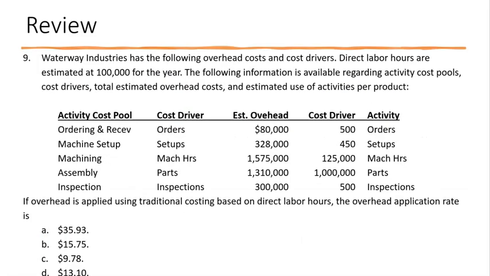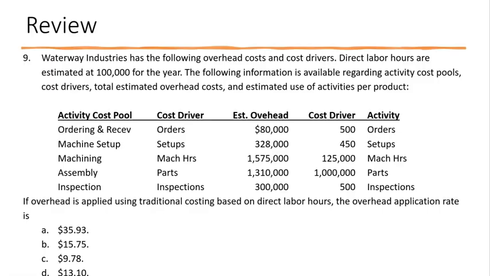Number 9, Waterway Industries has the following overhead costs and drivers. Direct labor hours are estimated at 100,000 for the year. The following information is available regarding activity cost pools, cost drivers, total estimated overhead costs, and estimated use of activities per product. So we have 5 activity cost pools: ordering and receiving, machine setup, machining, assembly, and inspection.